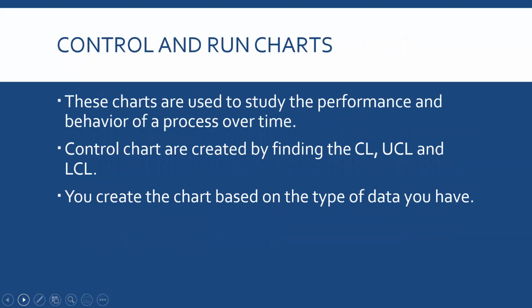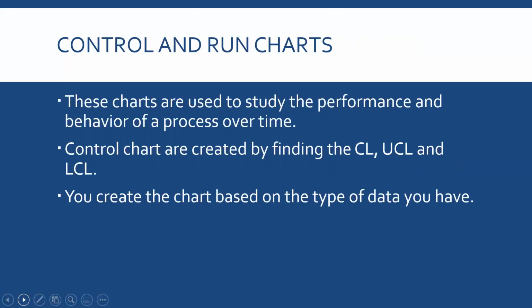Control and run charts are charts used to study the performance of the process over time. The control charts are created by finding the CL, which is the center line, the upper control limit, and the lower control limit. And then you start monitoring the process. In order to develop the control charts, you need to observe a process, and then once you observe it, you start collecting the average.